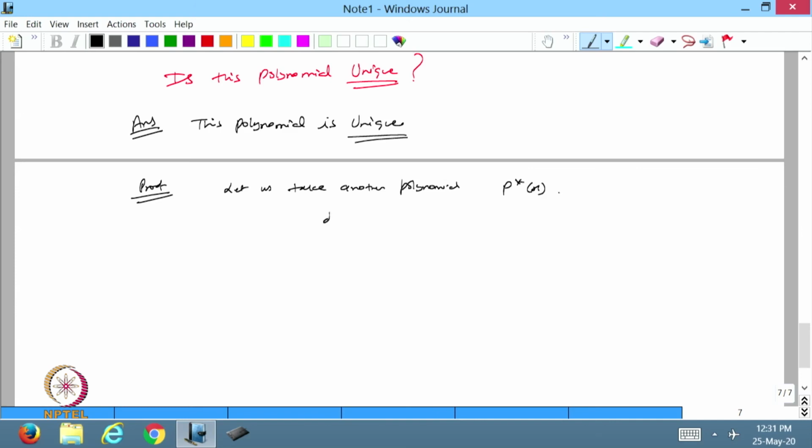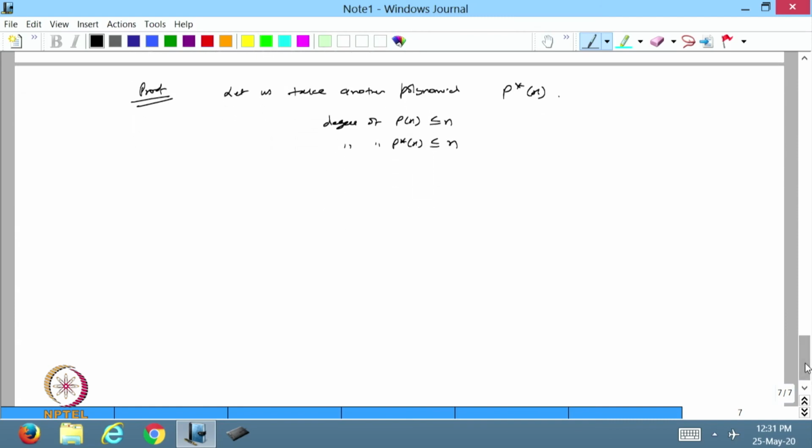I know that the degree of p x is less than or equal to n, and also the degree of p star x is less than or equal to n, because if it is passing through n plus 1 points, its degree cannot be more than n. Now, let us consider the polynomial q x equal to p x minus p star x.